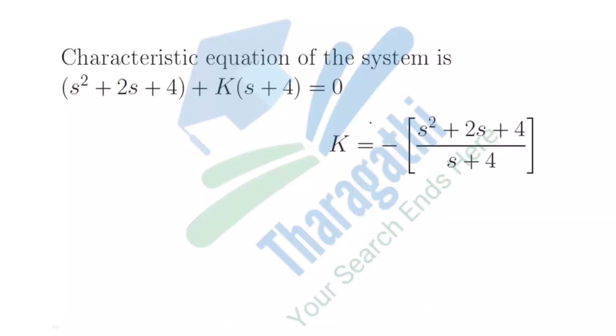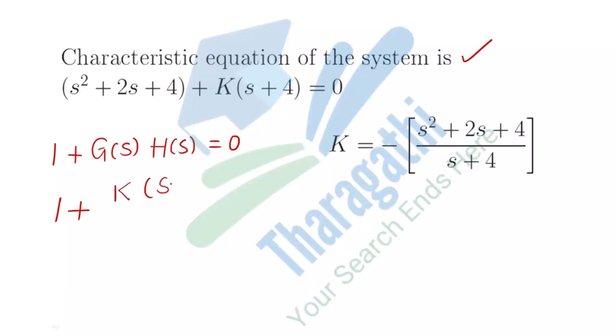To find the breakaway points, you need to write the characteristic equation of the system, which is 1 + G(s)H(s) = 0. You substitute the value of G(s), given as K(s + 4) divided by (s² + 2s + 4), equal to 0.